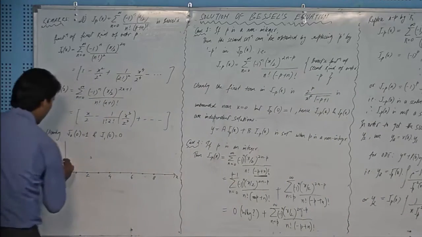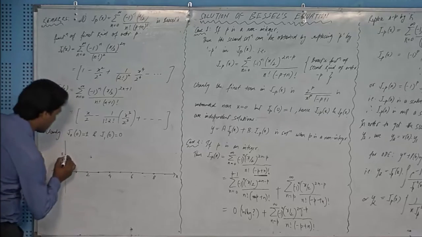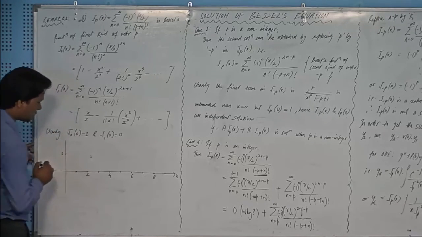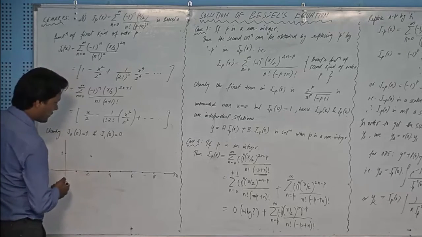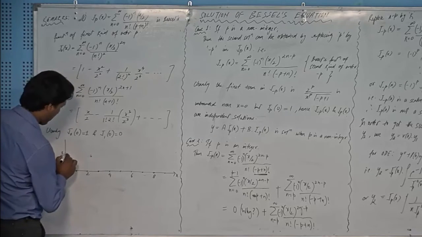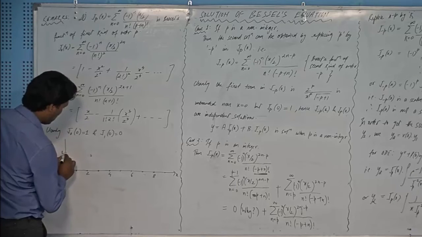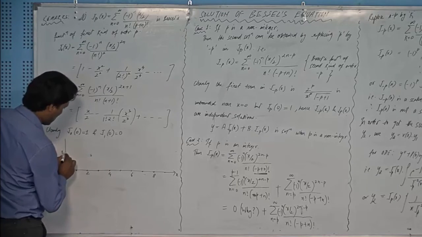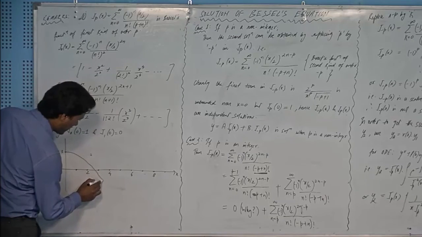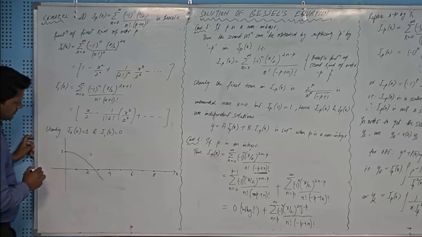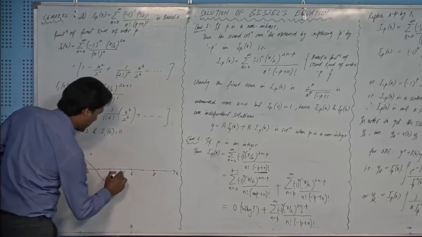So if this is 1, then drawing the graph of J0(x), it will start from here, and it has zeros, if I remember, nearly 2.5, then 5.5, like this.